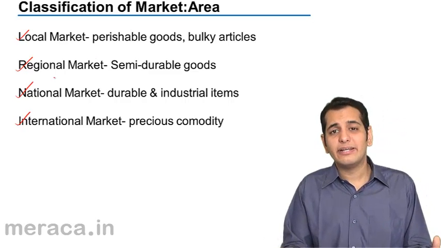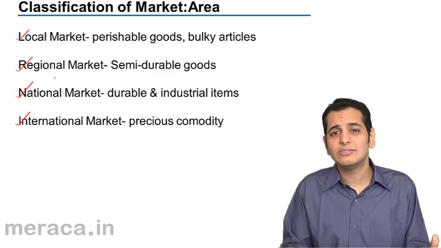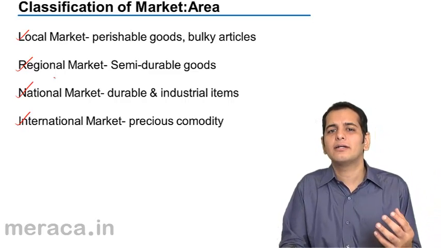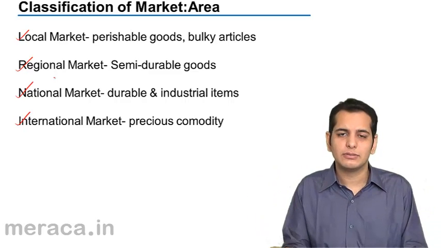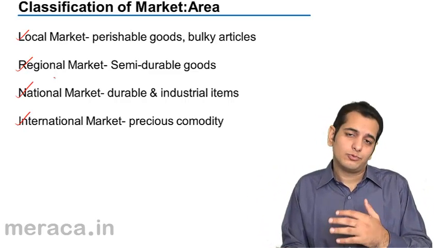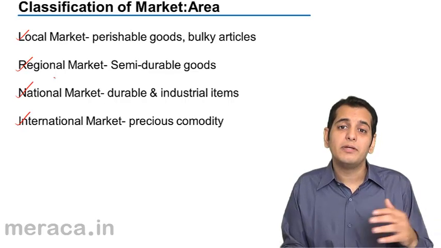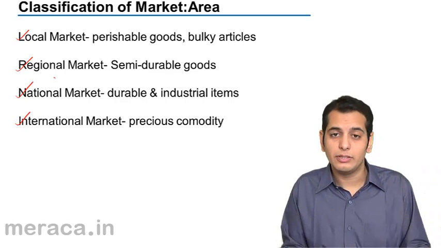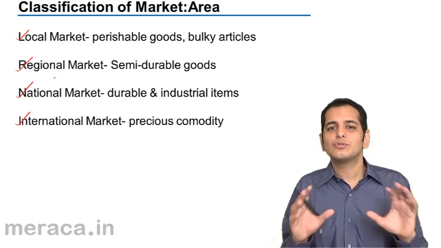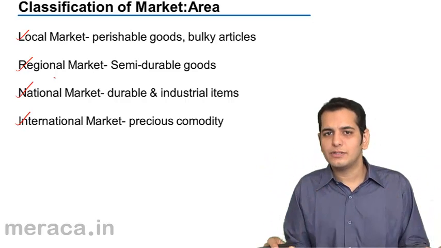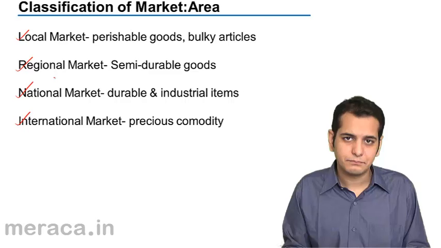Next we have regional market. Now what is a regional market? Regional market is a market which caters to a region, maybe 3 or 4 localities at a time, or maybe a district or city. It tends to cater to the whole city or a whole district at a time.